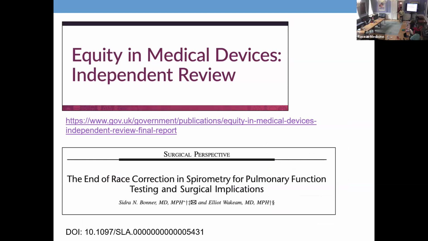Think of things like the spirometer, algorithms for renal function or heart function, and bone density calculators, lots of things where AI is now built in. There are movements to try to get this stuff out. I recommend reading Dorothy Roberts' work and Ruha Benjamin's work. I think there are plenty of scholars really trying to bring this to the fore, and it's starting to make a bit of a groundswell.